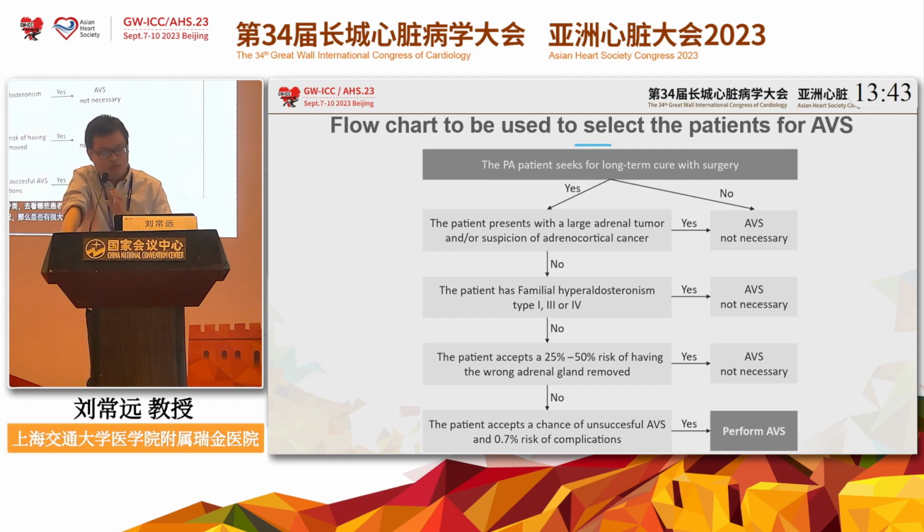If no, whether the patient has familial hyperaldosteronism type 1, 3, or 4. If no, whether the patient could accept a 25 to 50% risk of having the wrong adrenal gland removed. If no, whether the patient could accept a chance of unsuccessful AVS and a 0.7% risk of complications. If yes, we could perform the AVS.